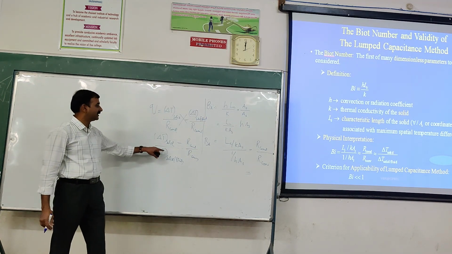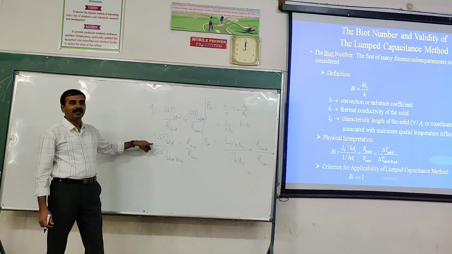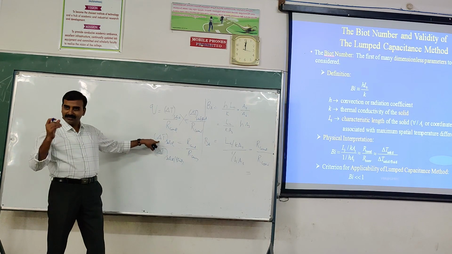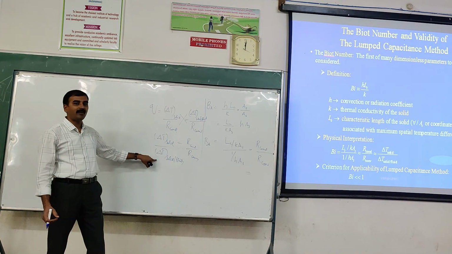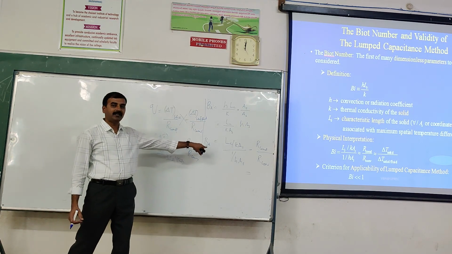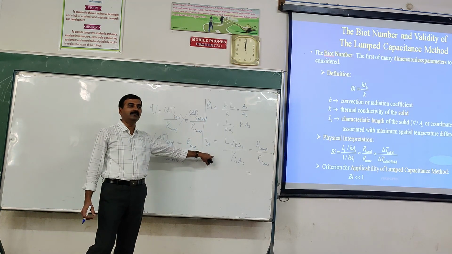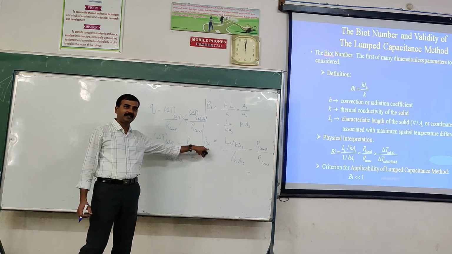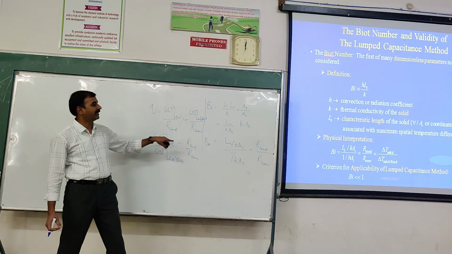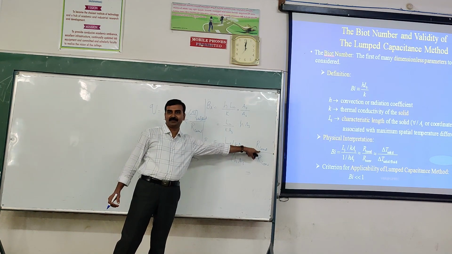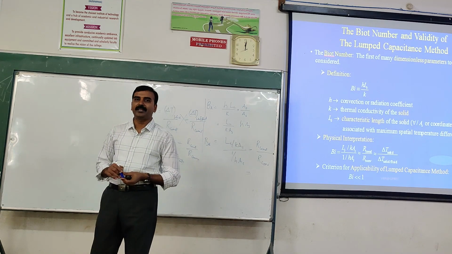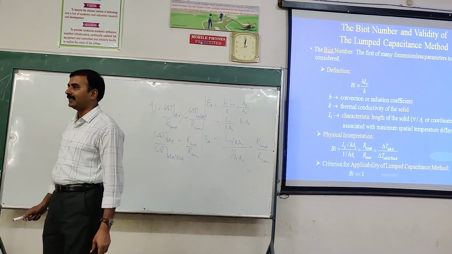This is also a measure of the relative drop in temperature. This is the drop in the temperature within the solid, and this is the drop in the temperature between the solid and the fluid. So Biot number will also measure the relative drop in temperature, but it's a natural consequence of this. Okay, so please make a note of this. This is an important point that you need to understand.